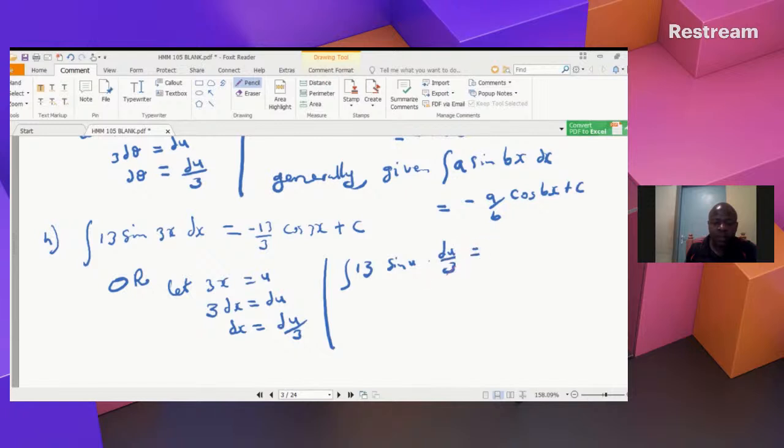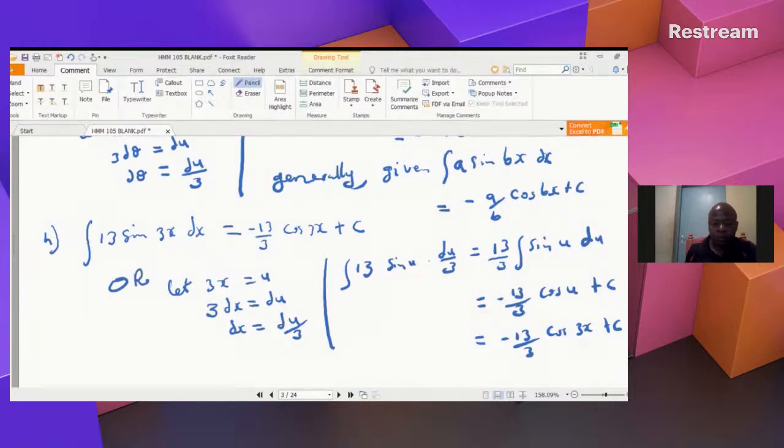And if we were to take the constants outside the integral sign, we'd have 13 out of 3, the integral of sine of u du. And this gives you negative 13 out of 3 cos of u plus c. But u is 3x. So this is negative 13 out of 3 cos of 3x plus constant of integration.